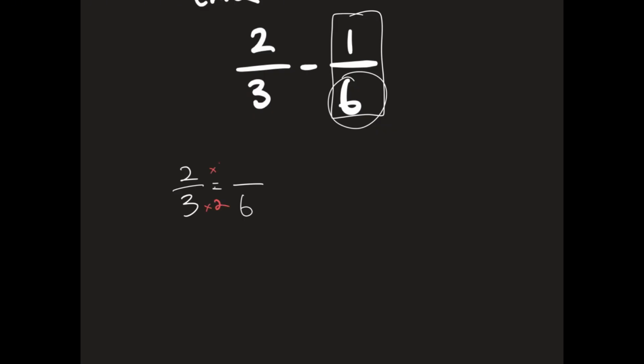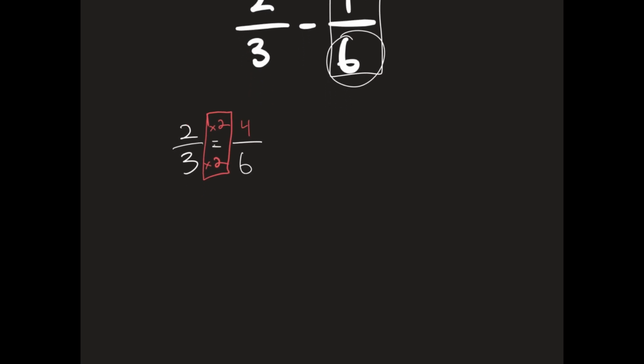And what I multiplied to the denominator, I have to do to my numerator. 2 times 2 gets me 4. So now I can write my new fraction, 4/6 minus 1/6.